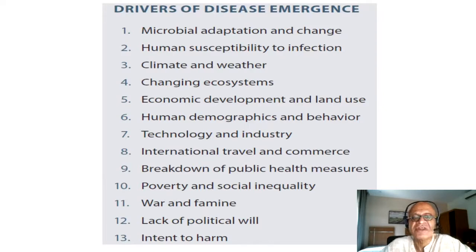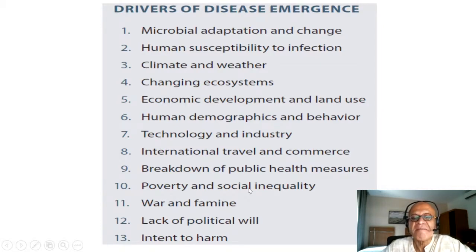Vulnerability and risks. International travel and commerce, as we saw with COVID and other diseases before, like SARS, bird flu, and so on. People fly around and go into regions where they get into new diseases they are not exposed to, or they bring new diseases into regions where people are not immune to, and so on.